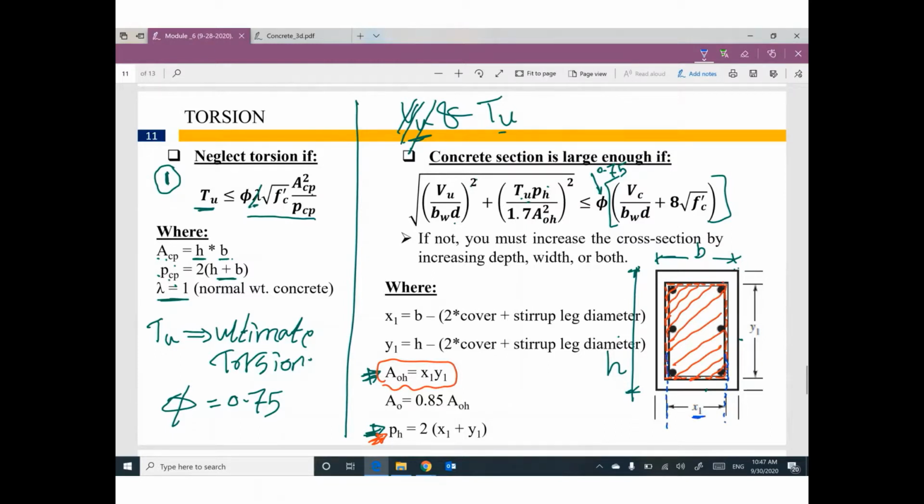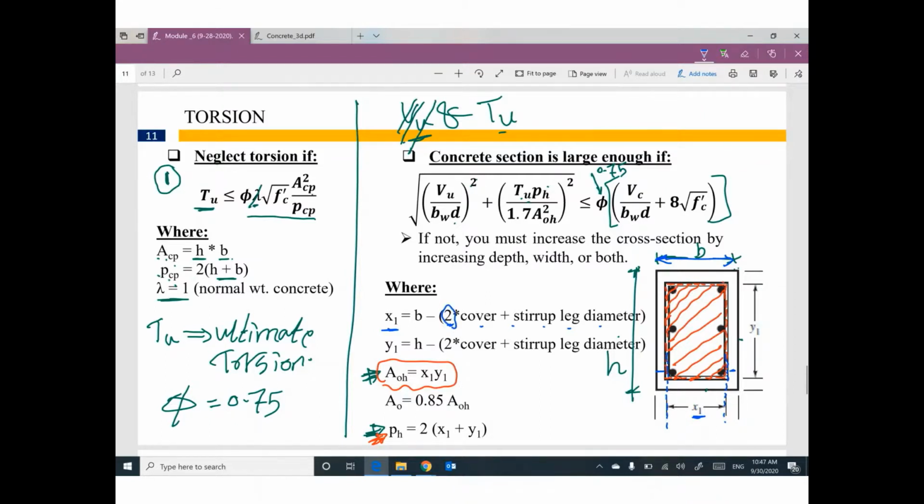How can I figure out the X1? X1 will be the total B minus 2 times cover plus stirrup leg diameter. If you subtract this cover, and we have another cover here, so we multiplied it by 2.